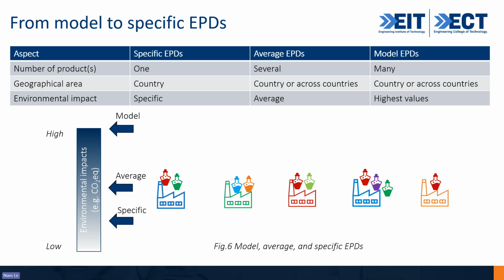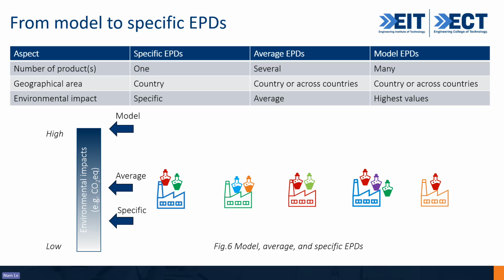And model EPD is also when we have many products, but we don't take the average, right? We take the highest one. And this is the case of the model EPD in Europe, when they have many countries and many factories, and they estimate so that, okay, I select the highest CO2 value of these admixtures, right?